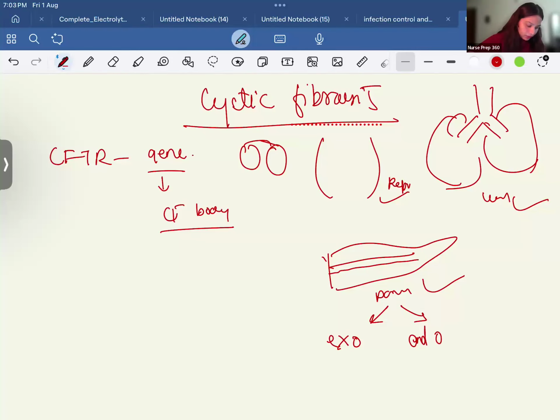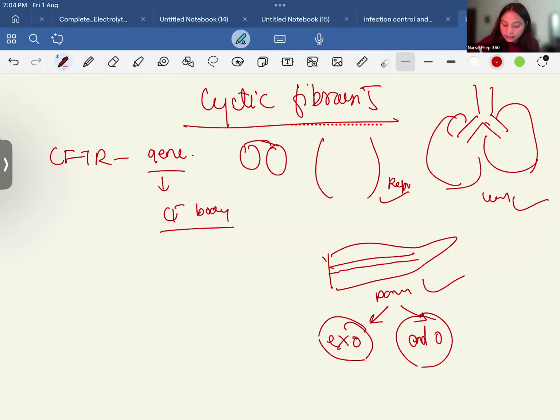Okay. So basically, this affects your three organs: your lungs, your pancreas, as well as your reproductive organs. Your pancreas produces two types of hormones. One is exocrine, one is endocrine. What is endocrine?